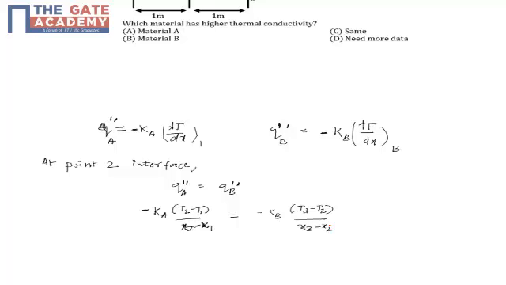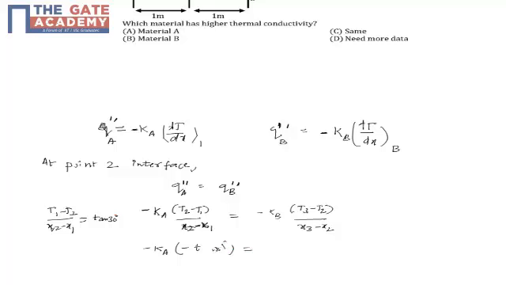So going from the figure, you can see that T1 minus T2 by the length is tan 30. From the geometry of the first figure, I can write T2 minus T1 is the length on the y-axis by H2 minus H1, the length on the x-axis, that is tan 30.